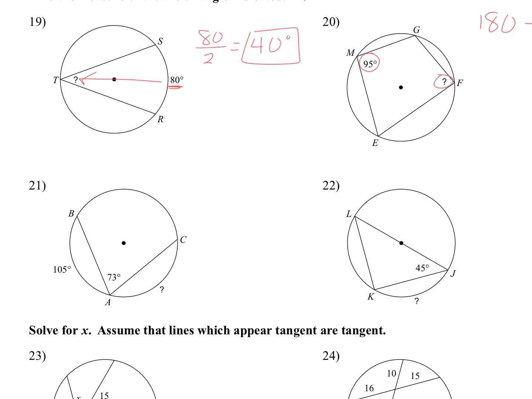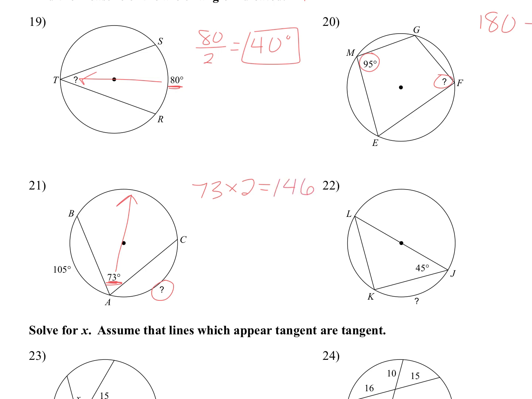Number 21. Use what they give you. How can I use one of those numbers to help us? The bigger one. I can use this angle because how do I go from angle to its arc? Times by 2. 73 times 2, which is 146.